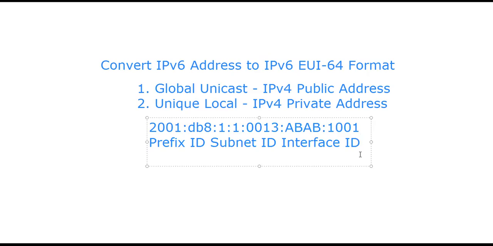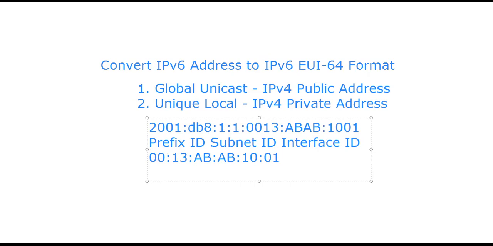First of all, you have to take the MAC address or interface ID portion, that is 0013, and I am going to write it in a MAC address format because a MAC address is represented in hexadecimal format. And here is AB AB 10 and 01.